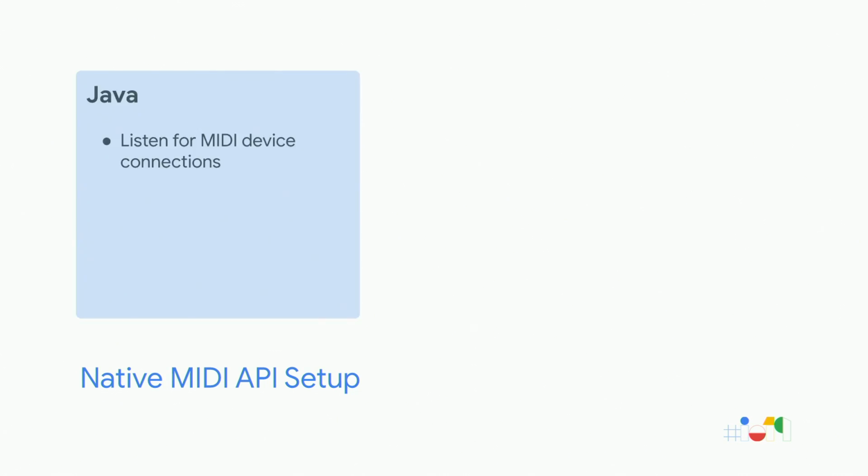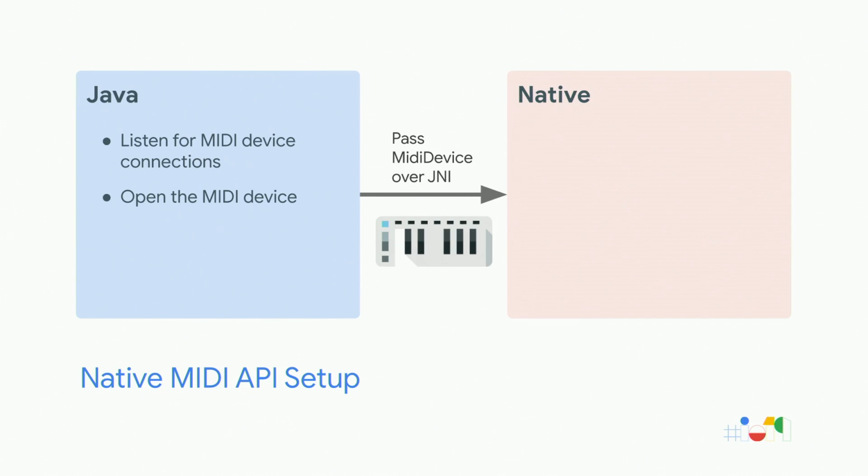In Java, you need to listen for MIDI device connections. So when you actually plug in your MIDI controller, you will receive a callback, which allows you to open this device. You then get a Java MIDI device object, which you pass through JNI to the native API.